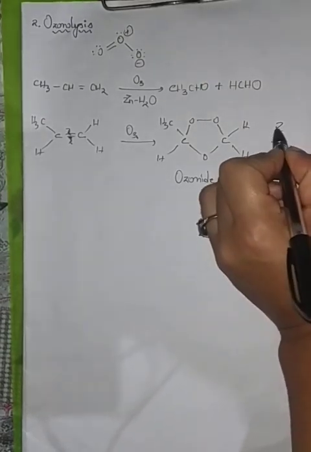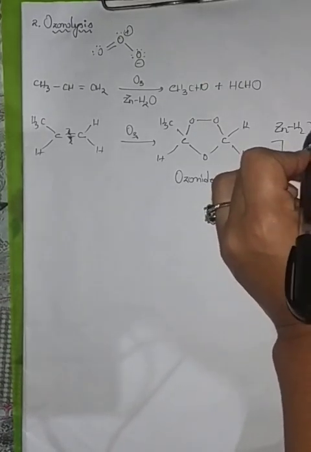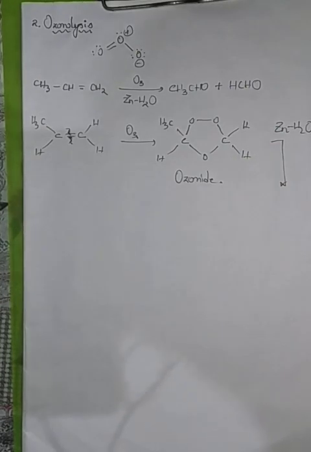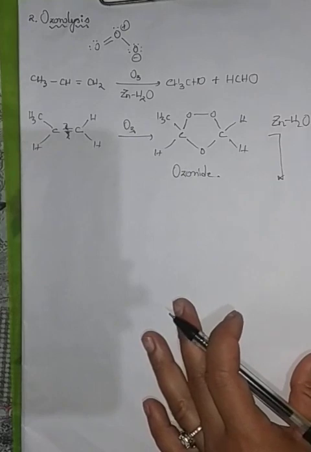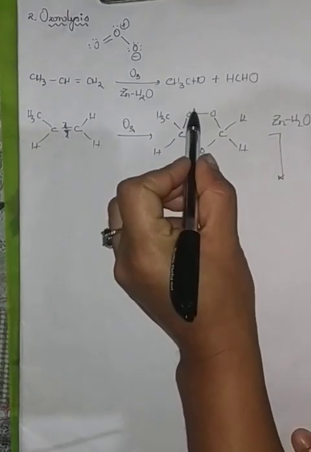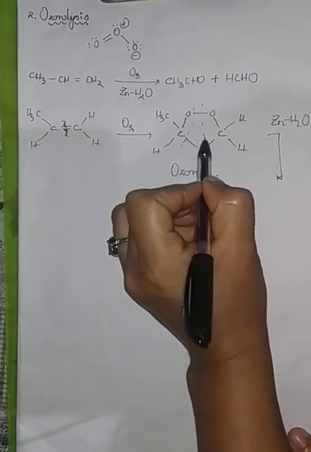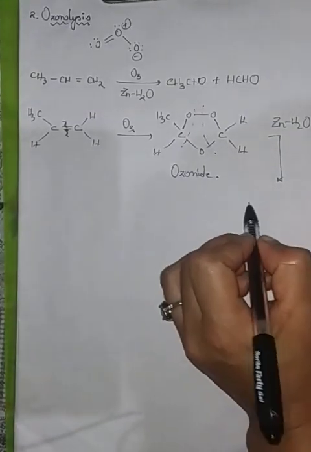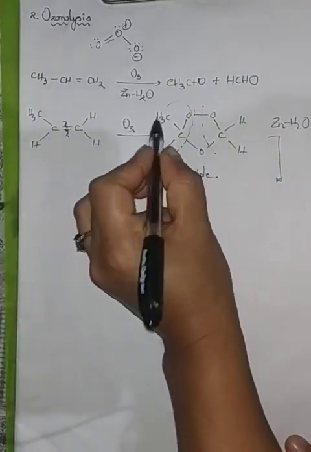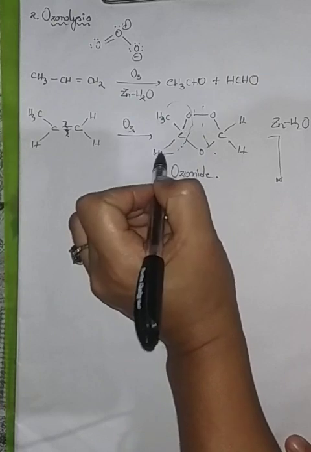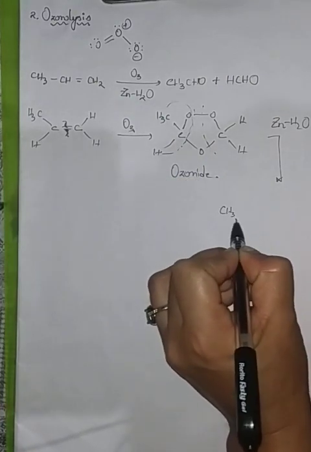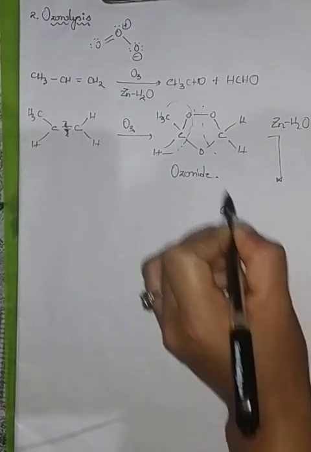Now when zinc along with H2O reacts, this bond breaks, and then this bond breaks. Therefore there will be formation of this group, CH3, CH.